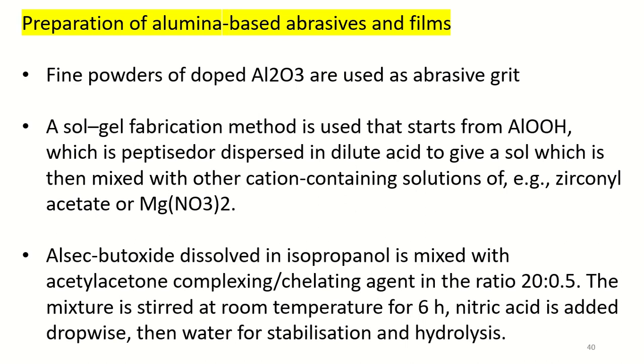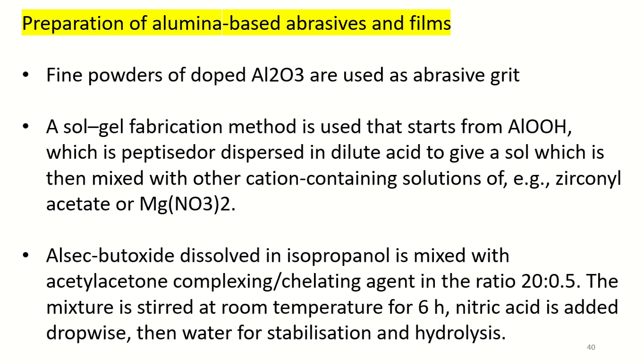A sol-gel fabrication method is used that starts from aluminium oxohydroxide, AlOOH, which is peptized or dispersed in dilute acid to give a sol, which is then mixed with another cation-containing solution of magnesium nitrate.